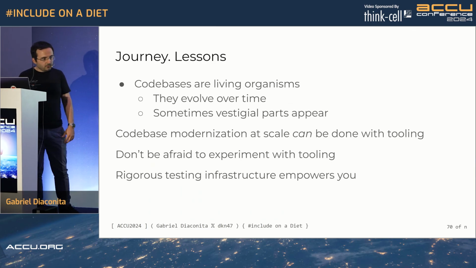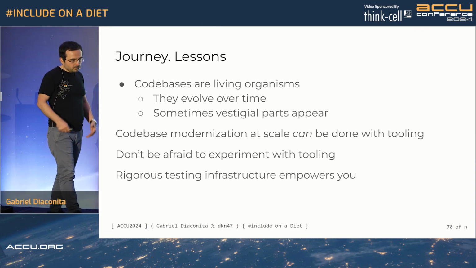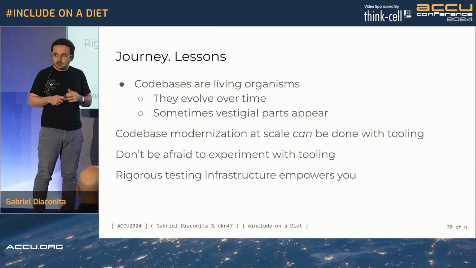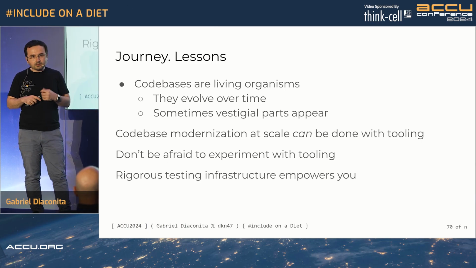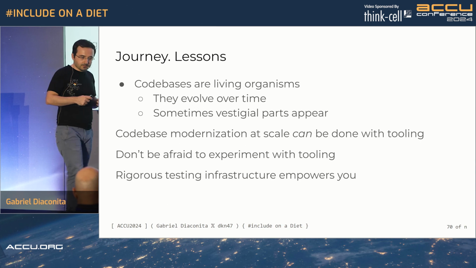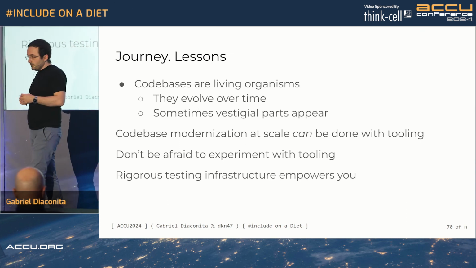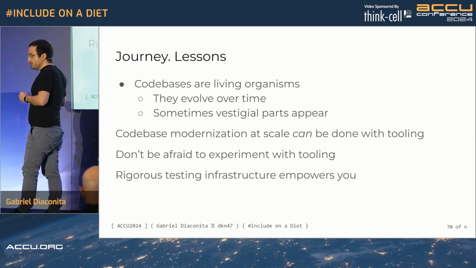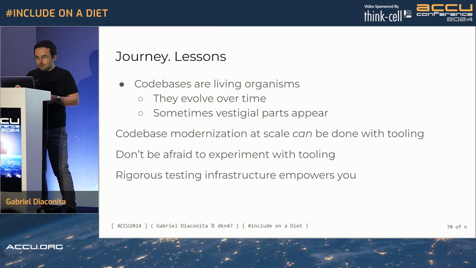So we learned a few lessons from this journey. We learned again that our code base is evolving, and sometimes, like in natural evolution, there are some things that become vestigial and are not actively used, like let's say our appendix. We can strive to identify these parts, and if it is safe to do so, why not remove them?